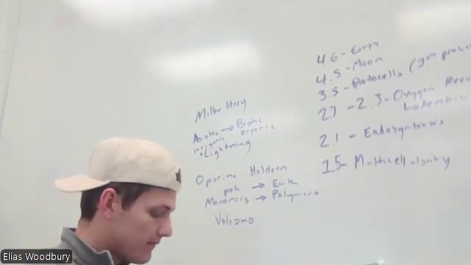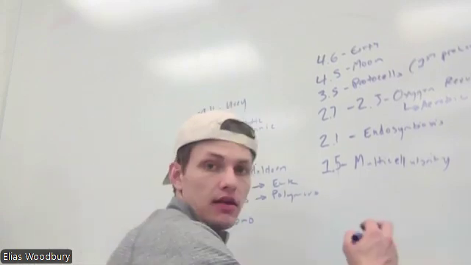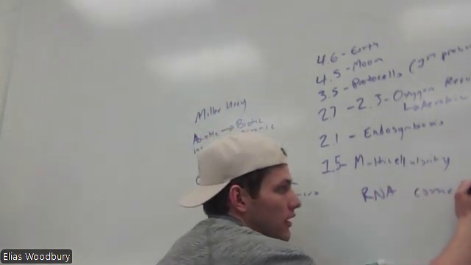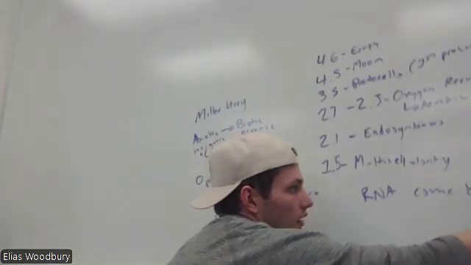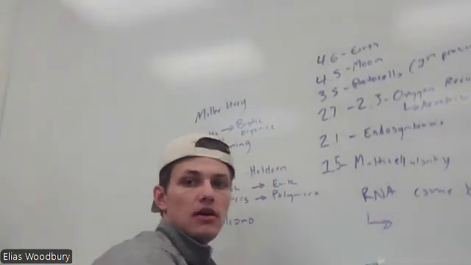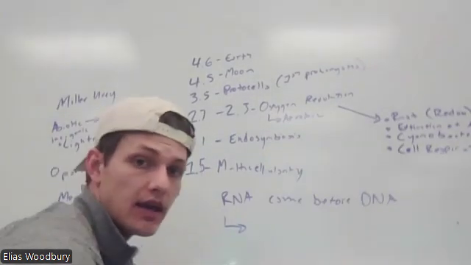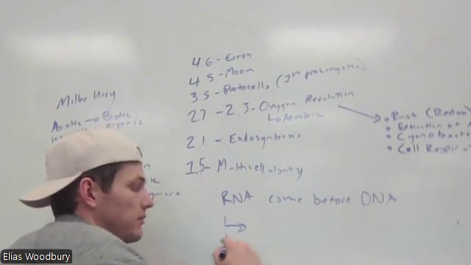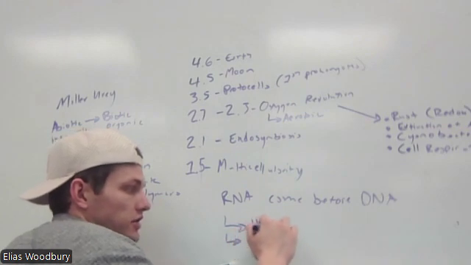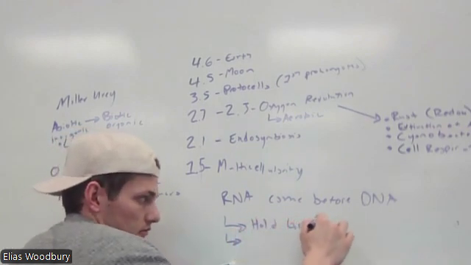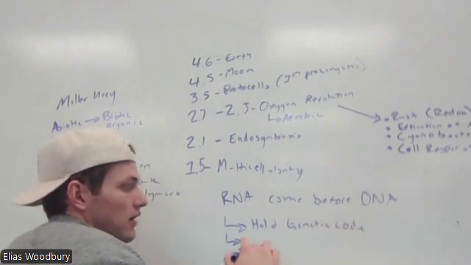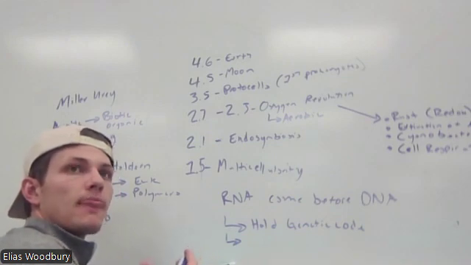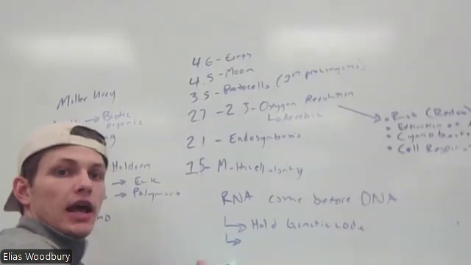We're going to talk about one more thing, and that is the fact that RNA came before DNA. And the reason why we think that is because RNA can do stuff that DNA can't. It can do everything DNA can, but it can do more, right? So RNA has a multi-purpose. It can hold genetic code just like DNA, but it can also lead to transcription and translation.